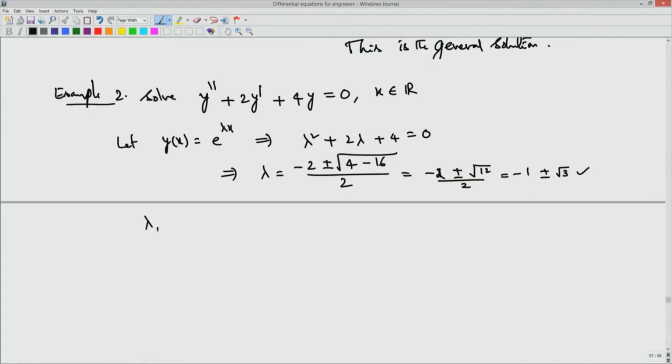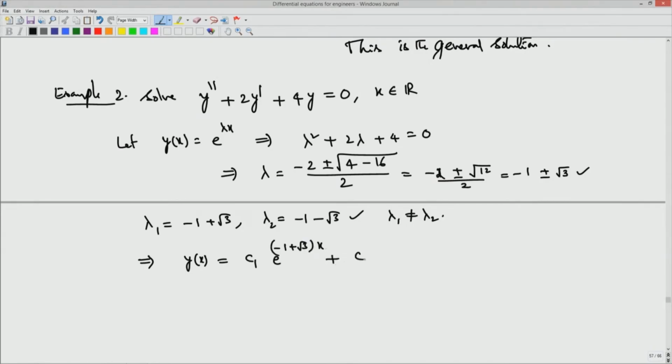So, these are your solutions. Lambda 1 equal to minus 1 plus root 3, lambda 2 equal to minus 1 minus root 3. Clearly these are different, and lambda 1 is not equal to lambda 2. So, this will give me the general solution like in the earlier case: C1 times e power minus 1 plus root 3 into x, plus C2 times e power minus 1 minus root 3 into x.